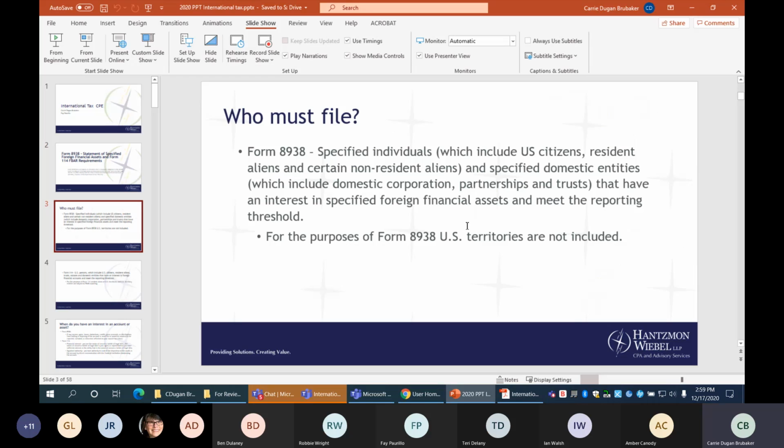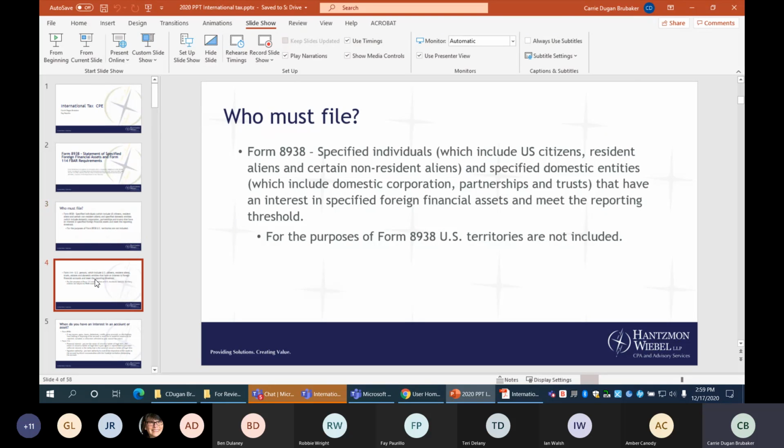Okay, so who has to file Form 8938? If you are a U.S. citizen, resident alien, and some non-resident aliens, also specified domestic entities, and those that have an interest in a specified foreign financial asset.